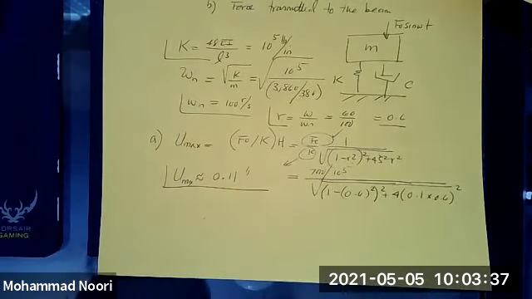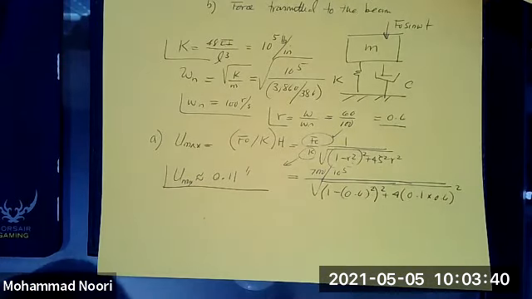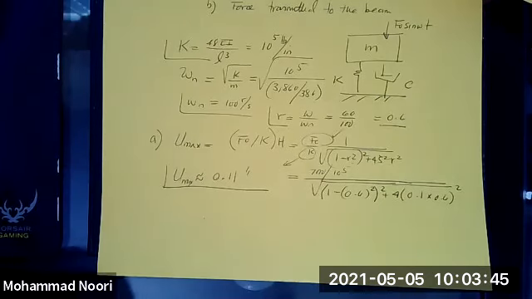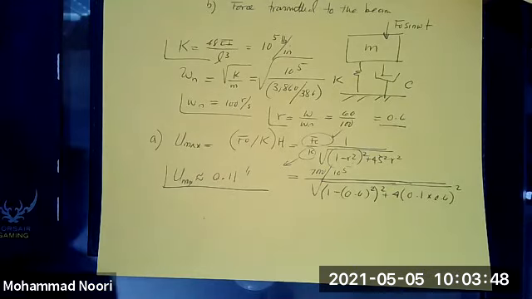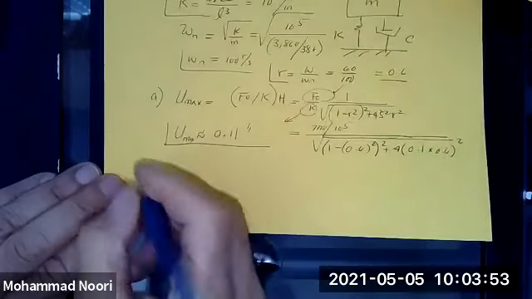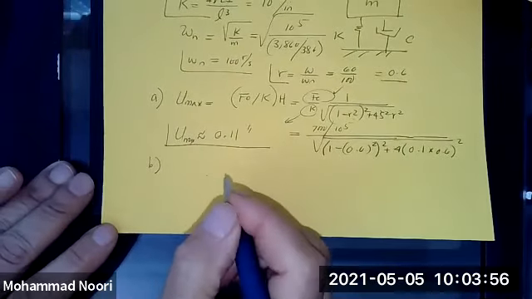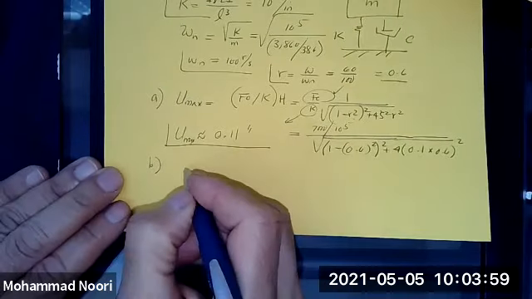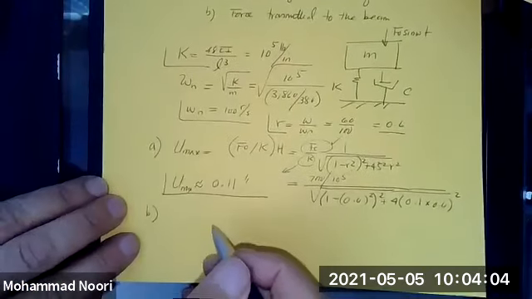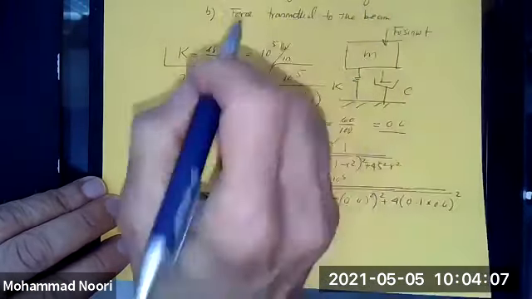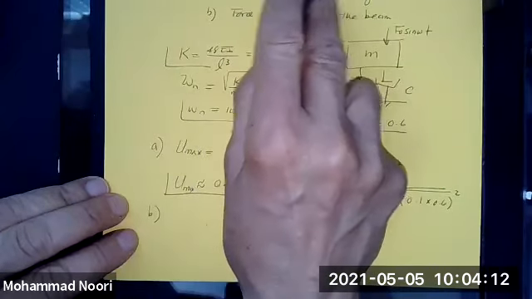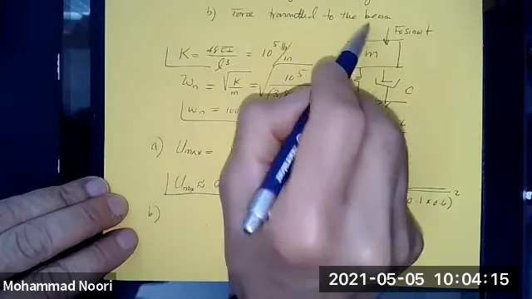So that's the maximum displacement this machine is going to experience. But now we want to know how much is the force that is transmitted by this system. So the force transmitted, the transmissibility ratio, is what? Remember, the problem is asking for the force transmitted to the foundation.